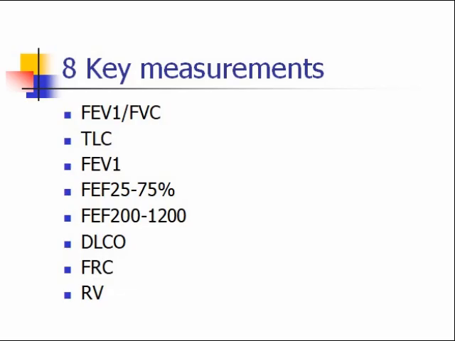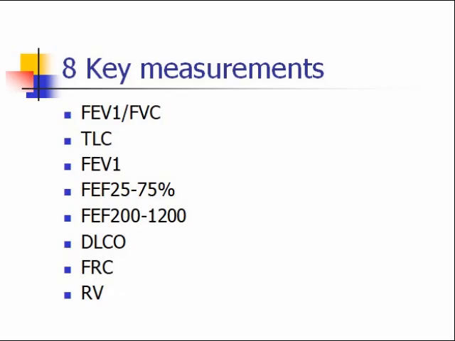So we have the first one, FEV1 to FVC. Remember, that one is 70%. If it's less than 70%, you have an obstructive problem. If it's greater than 70%, then you should check the TLC to see if there is a restrictive problem. Then we have the FEV1 and the FEF 25-75 and the FEF 200 to 1200.